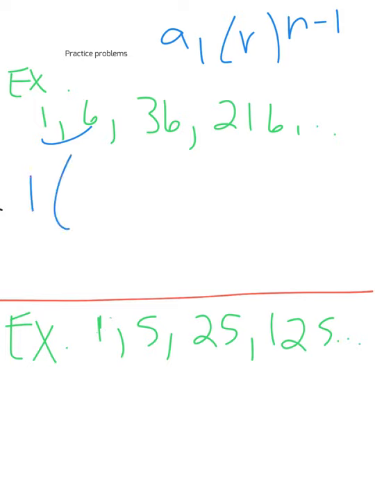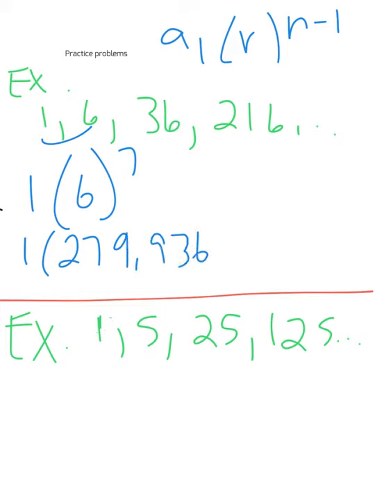So we have 1 multiplied by 6 to the 7th power, which is a very large number, 279,936. And then obviously if you multiply that by 1, that is going to be your answer.